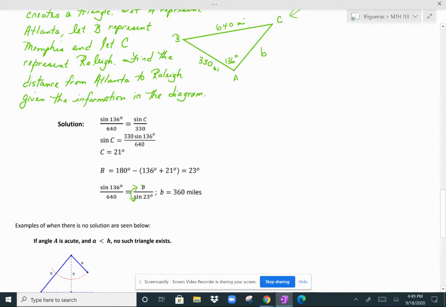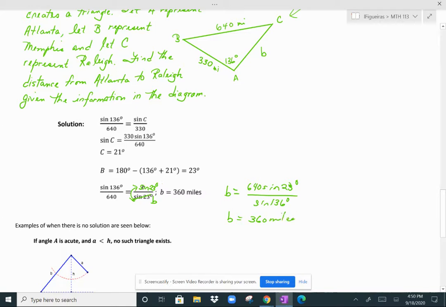So I have sine of 23 degrees over B. So then you will get that B is equal to 640 times the sine of 23 degrees divided by the sine of 136 degrees, and that gives me that the distance between those two cities is 360 miles.